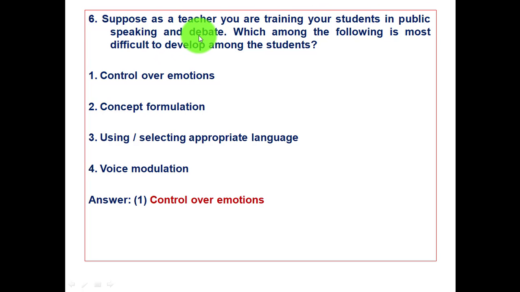You need to control your emotions because many arguments may arise and many questions may be thrown out by the audience that may not agree with your views. So option 1 is the correct option: control of our emotions.